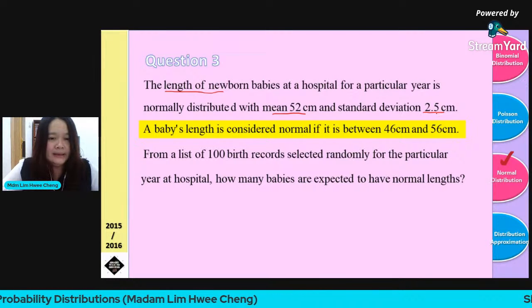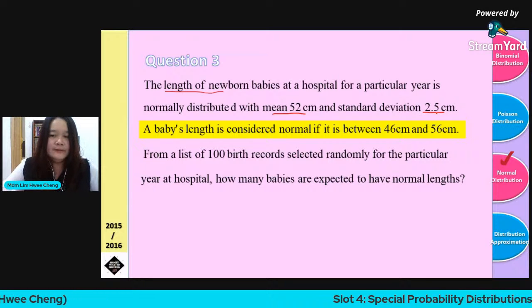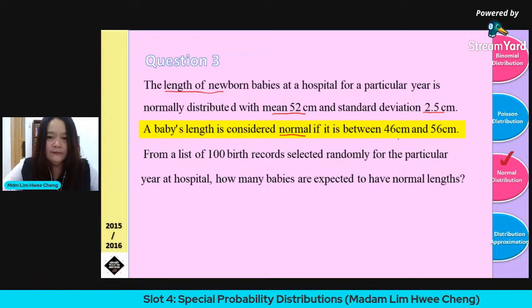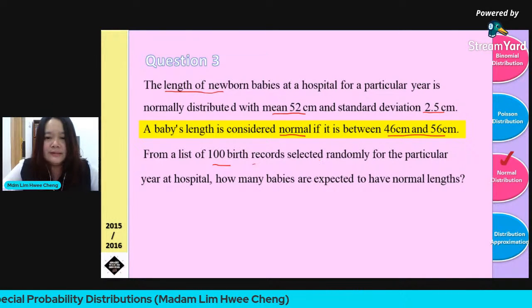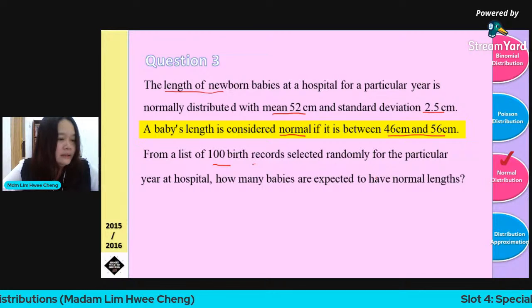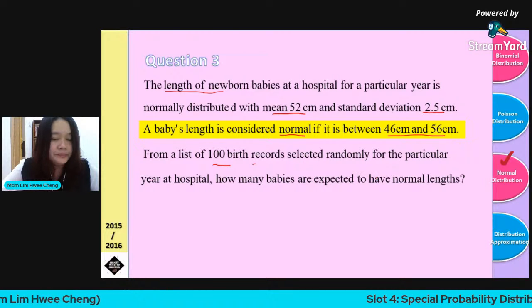A baby length is considered normal if it is between 46 and 56 centimeters. It says that the length of the baby is normal if the length is this. From a list of 100 birth records selected randomly for the particular year at hospitals.